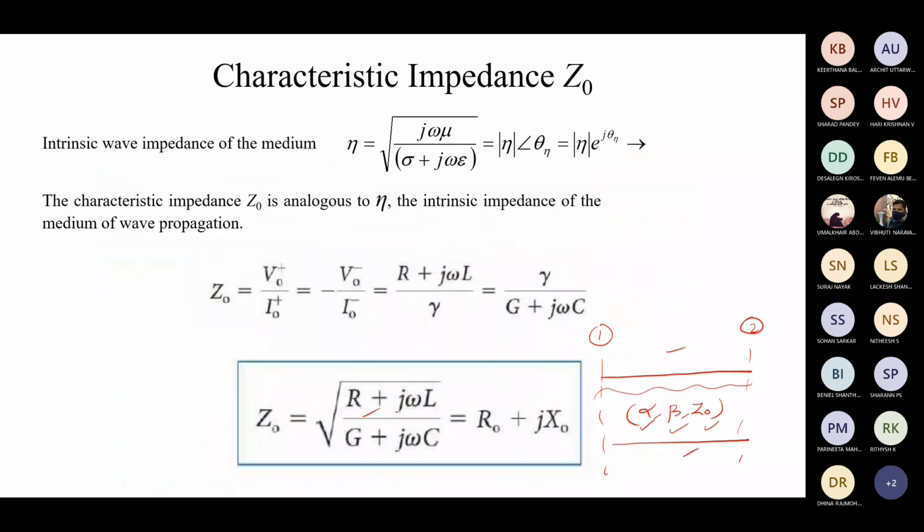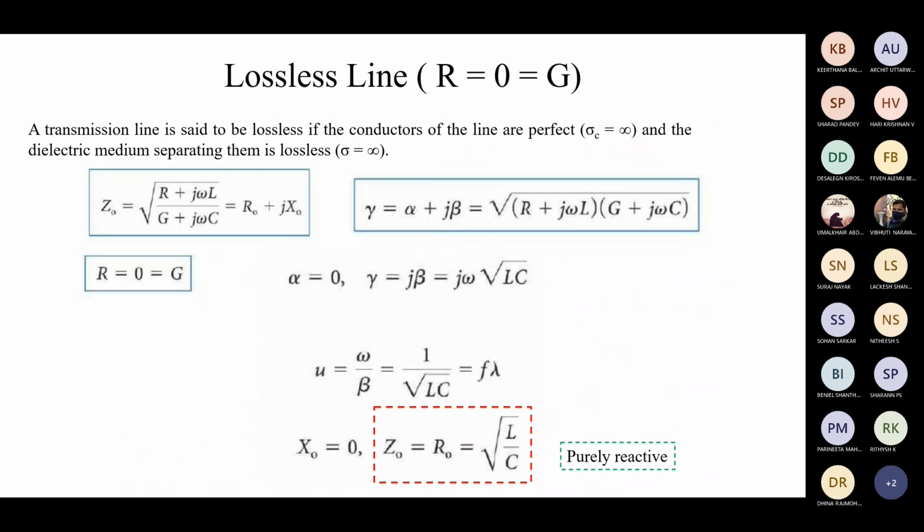And there are some special cases in transmission lines, such as the lossless transmission line. Of course, it is almost impossible for the attenuation to be zero, which would require the resistance and the conductance to be zero. This is possible with two wires, or almost like a superconductor where the conductivity is infinite.